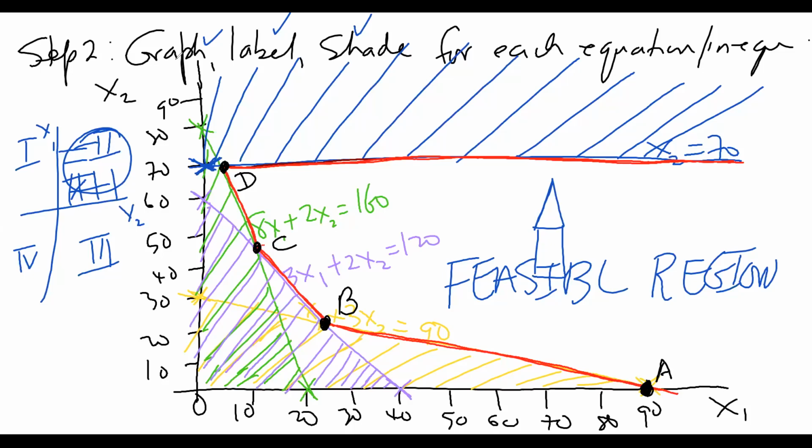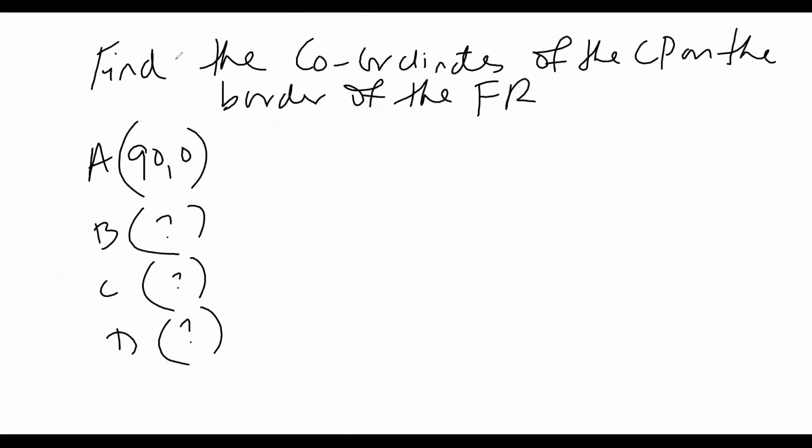X2 equals 70, and 8x1 plus 2x2 equals 160. Good. So you must solve these two equations simultaneously to find the corner point for D.